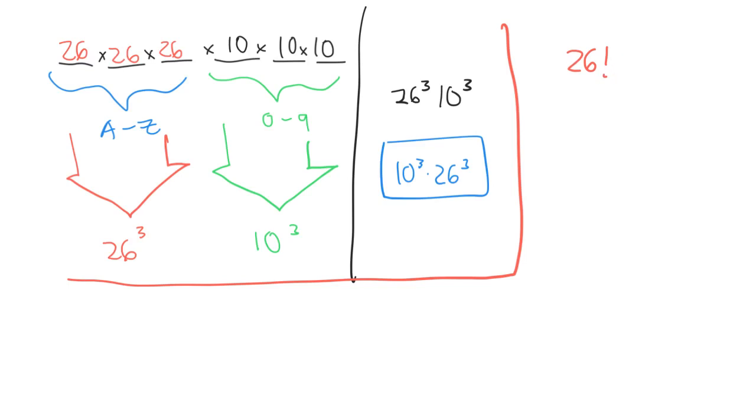For those of you who don't know, what that really means is a code for 26 times the next number down, which is 25, times 24 times 23, all the way multiplying to 2 times 1, and then you'd be done, okay? So 26 factorial is literally the product of all these numbers all the way down to 1. I do little dots here representing the fact that there's a lot of numbers in between. I don't really have room to write them all, but you get the idea.